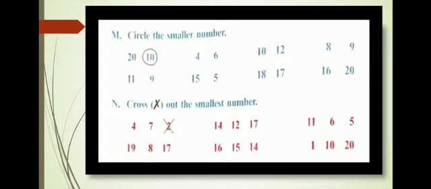So children, tell me which number is the smallest one, or which number is nearer to 0? Yes, amongst the three numbers, 2 is the smallest one, or 2 is nearer to 0 as compared to the number 4 and 7.